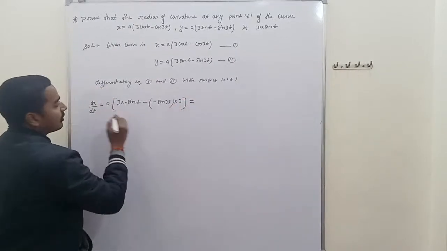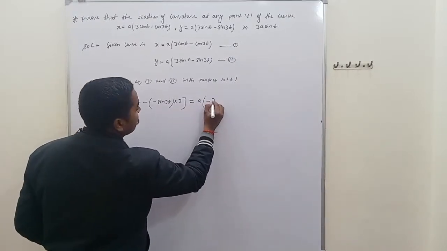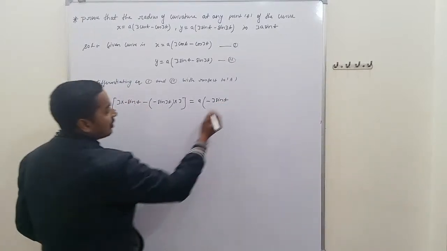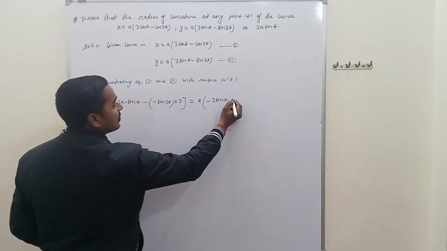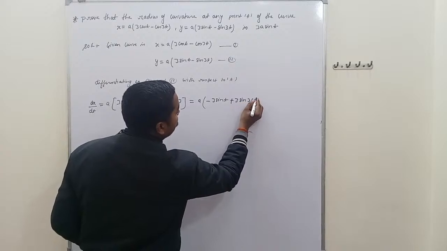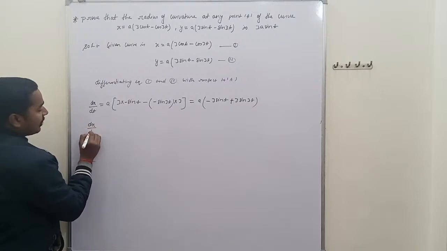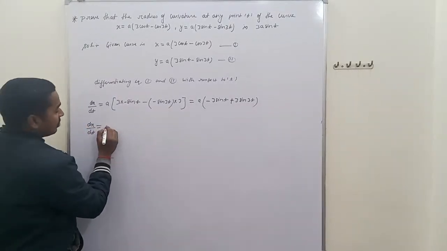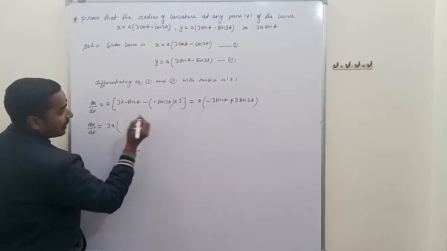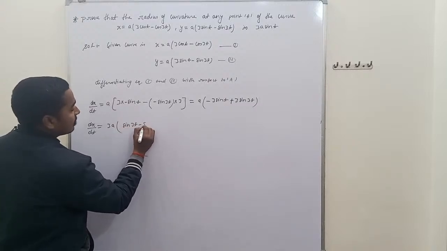We can also write this as a times minus 3 sin t, and here minus of minus is plus, plus 3 sin 3t. From here we can also write the value of dx upon dt: minus 3 is taken common from the bracket, and a is already present, so this is given by sin 3t minus sin t.